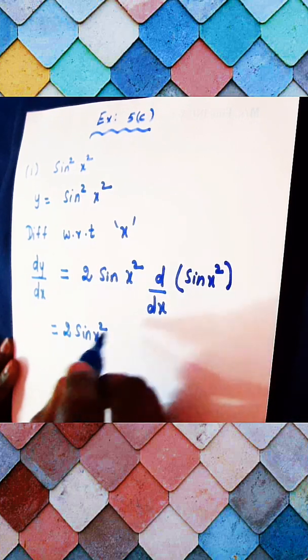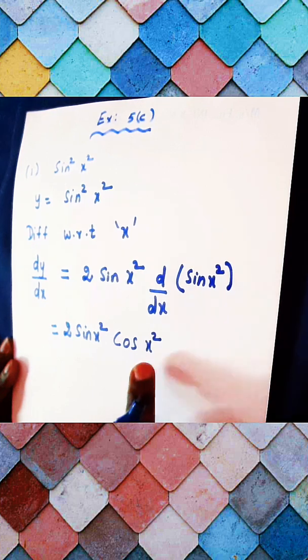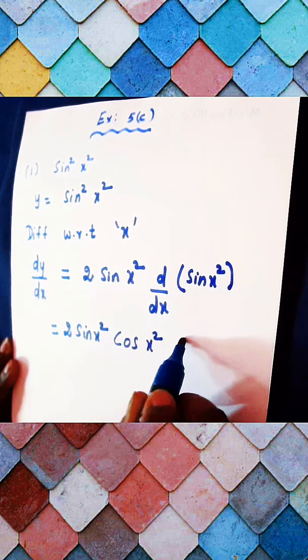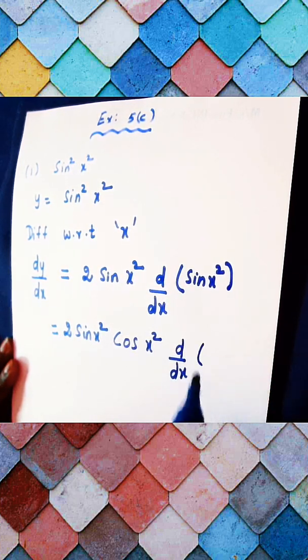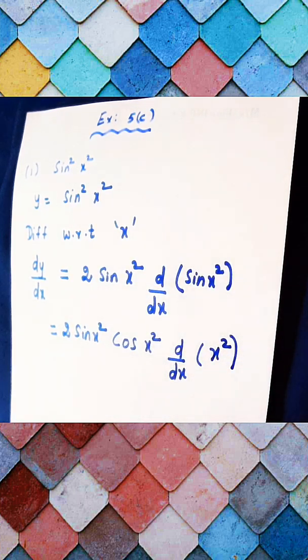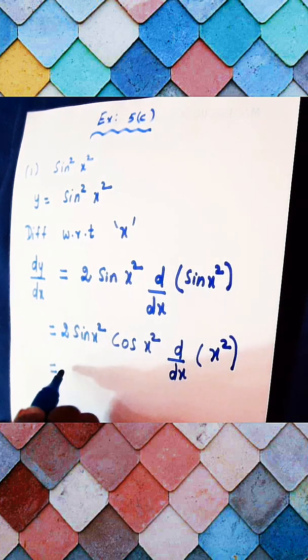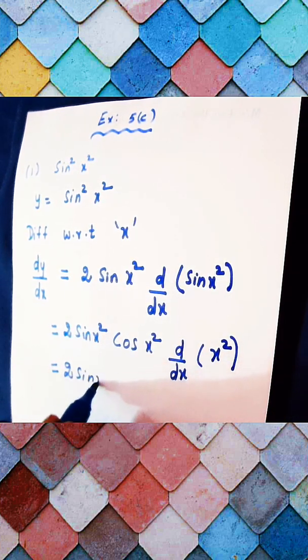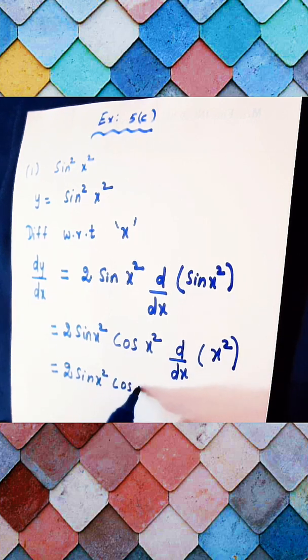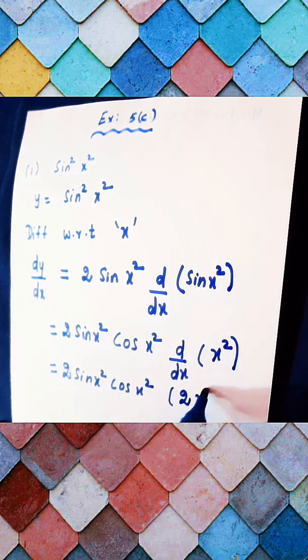So differentiation of sin x square is cos x square, because in place of x you have x square. Again, you have to differentiate the angle x square. So we'll write 2 sin x square cos x square as it is. What is the differentiation of x square? 2x, applying the power rule.